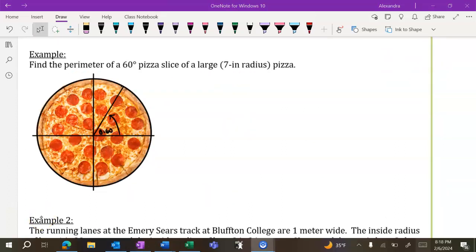So if we use that for this problem, I want to find the perimeter of this slice of pizza. I know that it's a 60-degree angle and it has a 7-inch radius. So if I'm finding the perimeter, I know that's going to be my 2 radii plus this arc length.